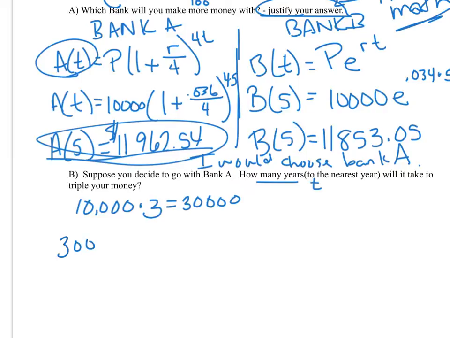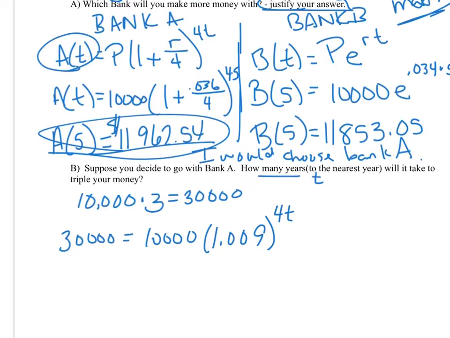So it's 30,000 equals 10,000 times that decimal, which is 1.009 to the 4t. All I did was put this part in my calculator and got that number for ease of writing. And now we're just going to solve.